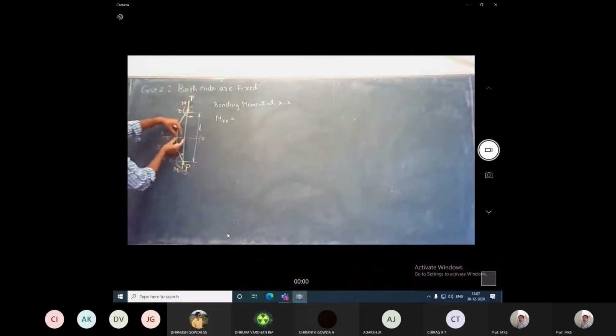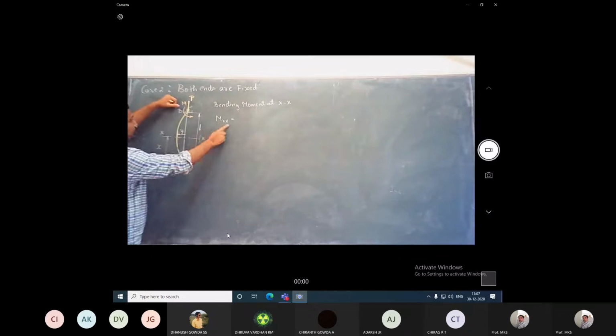So the moment at this section is due to the force and this deflection. Let this deflection of the beam with respect to the initial position be small y, right?